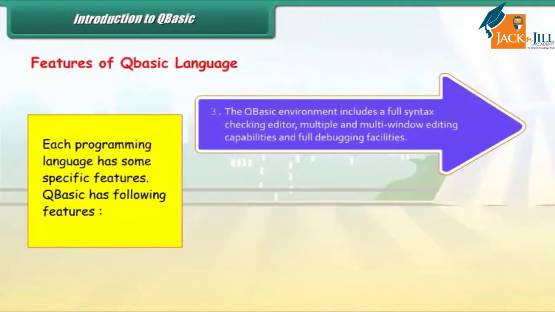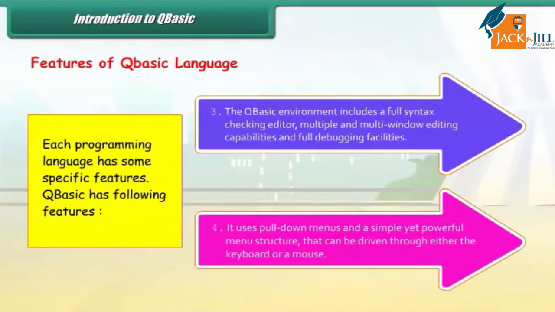The Qbasic environment includes a full syntax checking editor, multiple and multi-window editing capabilities, and full debugging facilities. 4. It uses pull-down menus and a simple yet powerful menu structure that can be driven through either the keyboard or a mouse.